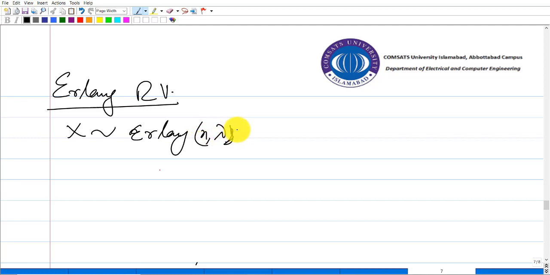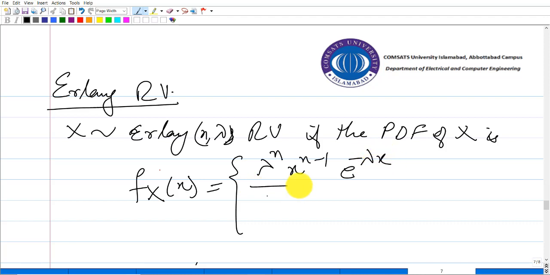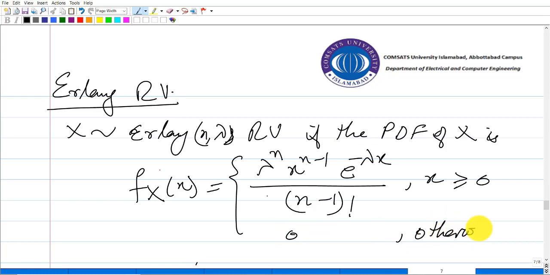So x is an Erlang (n, lambda) random variable if the PDF of x is fx of x equals lambda to the power n times x to the power n minus 1 times e raised to the power minus lambda x, divided by (n minus 1) factorial, for x greater than or equal to 0, and 0 otherwise.